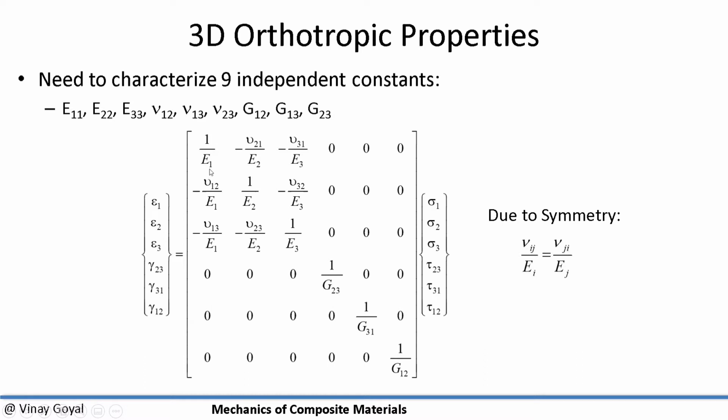And you may ask me, what is E11? Well, E11 is a modulus along the one direction. E22 is a modulus transverse to the one direction. E33 is a modulus perpendicular to the one and two axes.